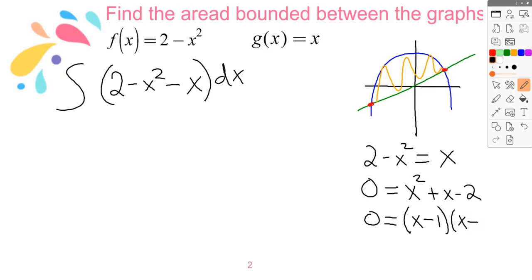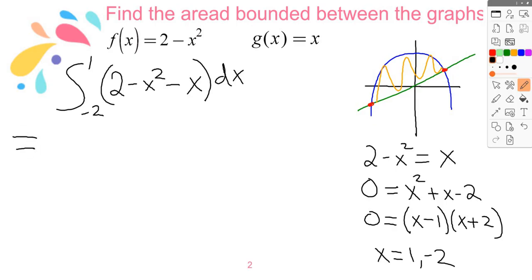Because my middle term is positive, the 2 has to be positive. Which means that we get x equals +1 and -2. So then those become our bounds. And then it's just the same stuff we've been doing.